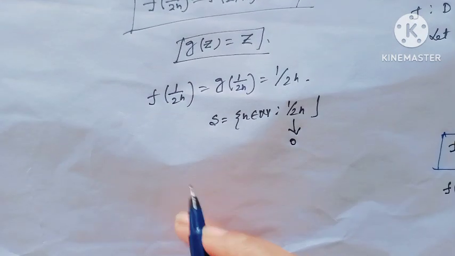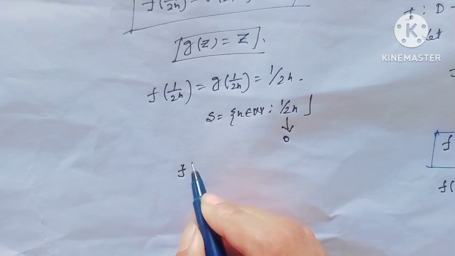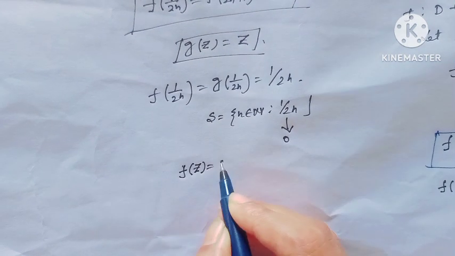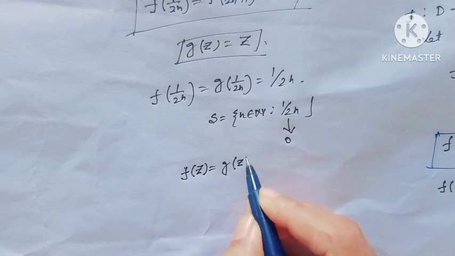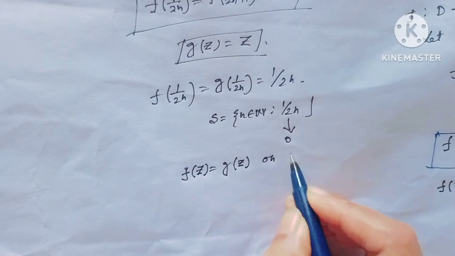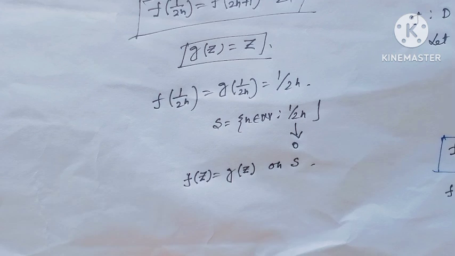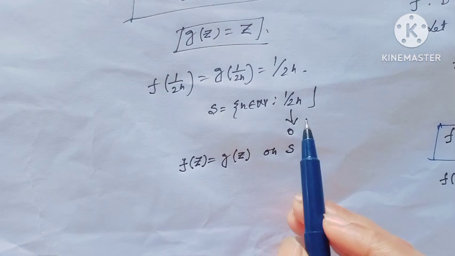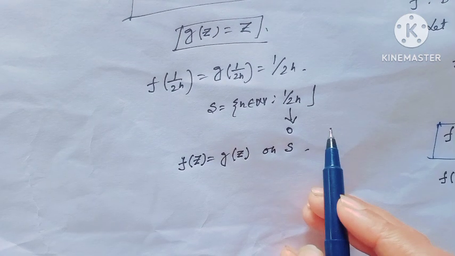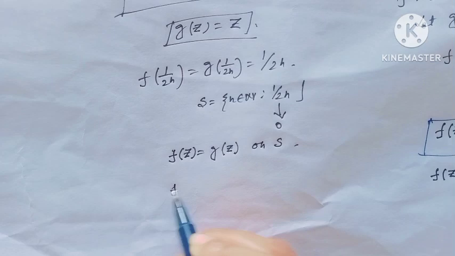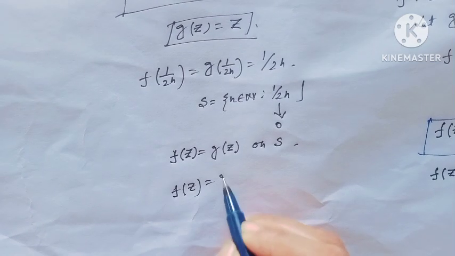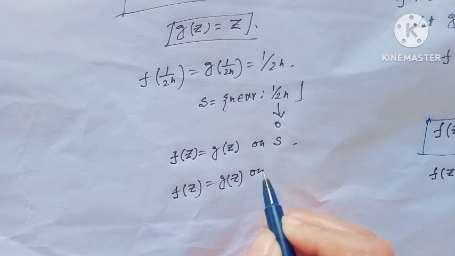So by the identity theorem we can tell f(z) equals g(z) on the set S. And since the limit point belongs to the set C, we can extend f(z) equals g(z) to the whole complex plane.